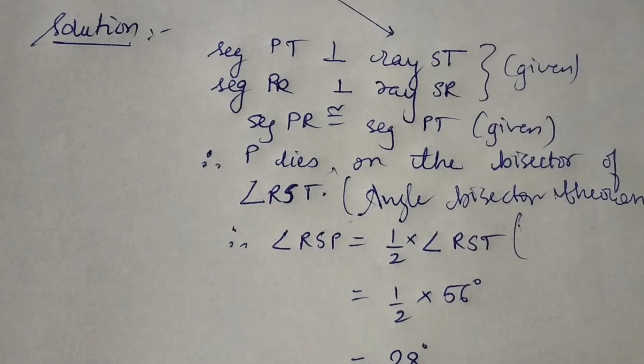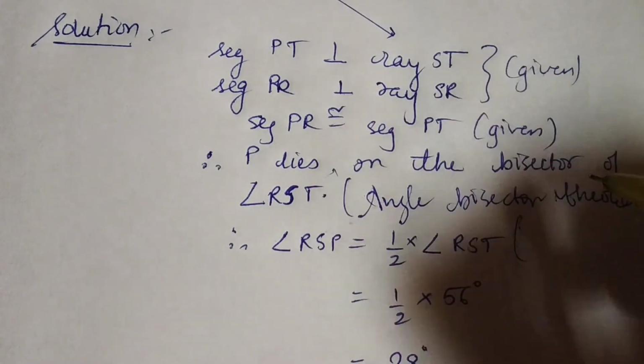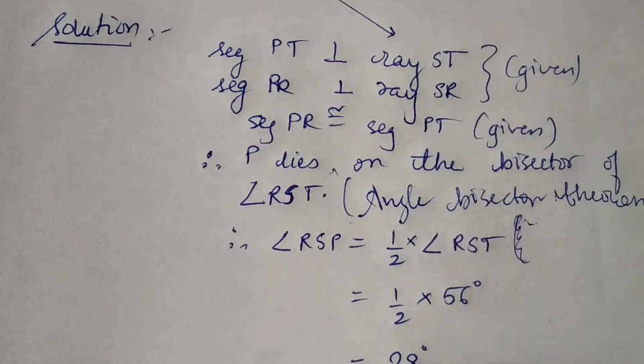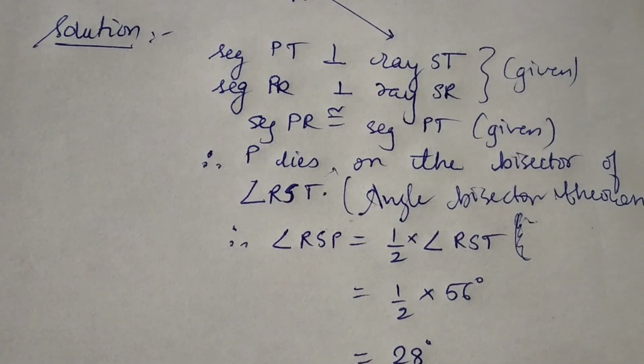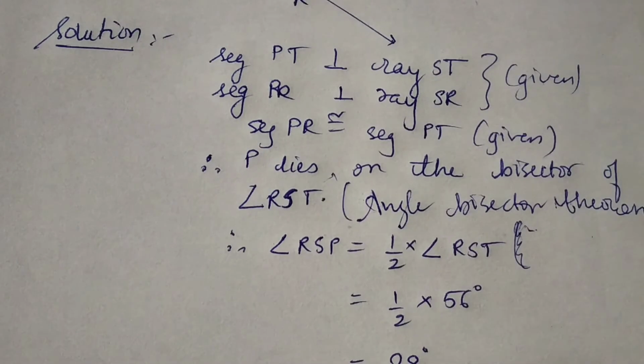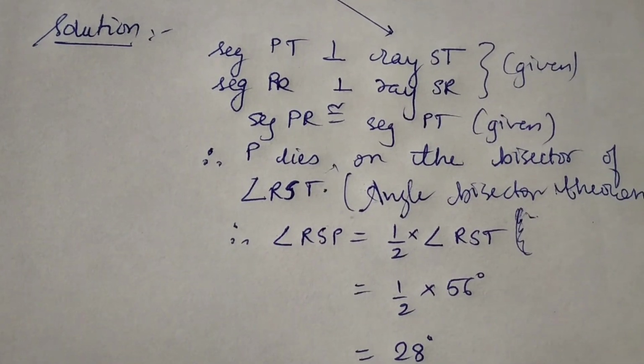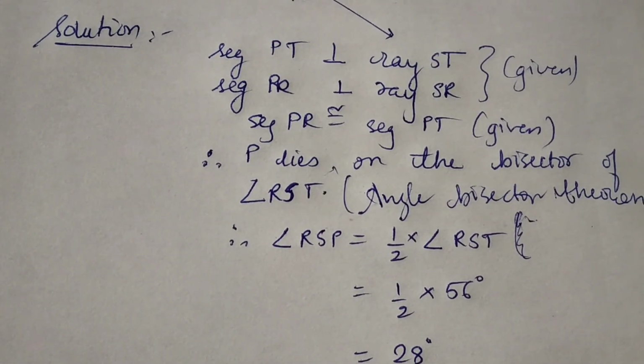After writing this, we proceed ahead. RSP is half of RST, which is equal to half into 56, and half into 56 is equal to 28 degrees.